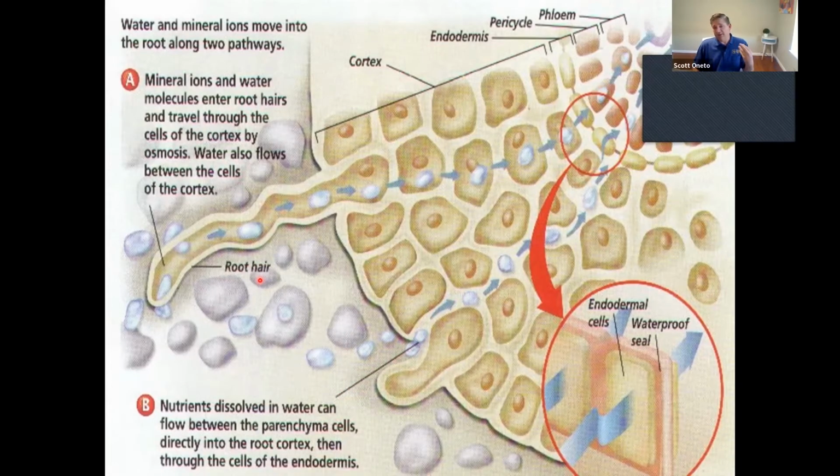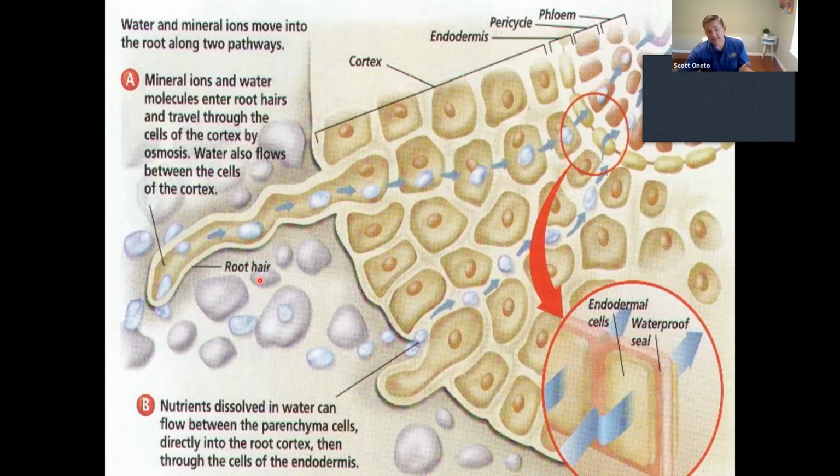But once that water gets to the xylem, and you think of again how I described the xylem, where you have these basically cells stacked on top of each other to make this continuous pipe from the roots up into the shoots. Once it gets into there, it's an extremely fast and efficient way of transporting water.